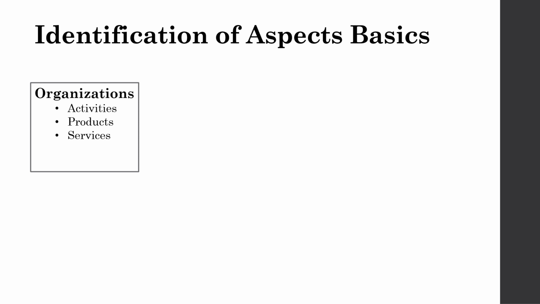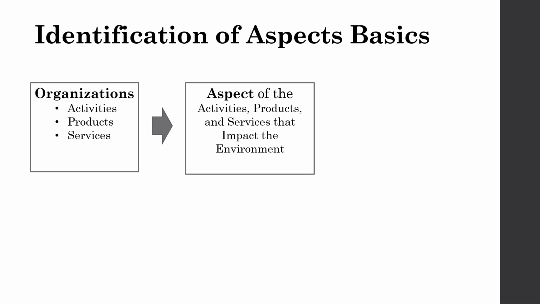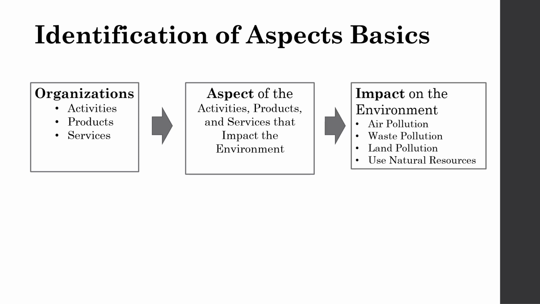So let's talk a little bit about how to identify aspects. The first thing you should do is take a look at your various activities, and to some extent your products, and maybe you're not a service company, but basically the activities that you perform. What are the aspects of those activities that may be impacting the environment, and then ultimately what is the impact?